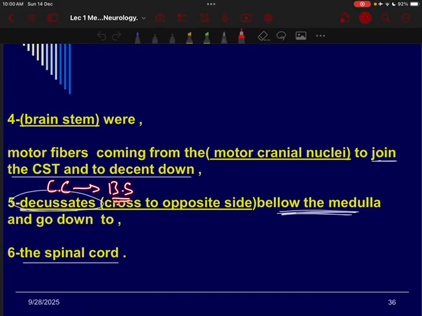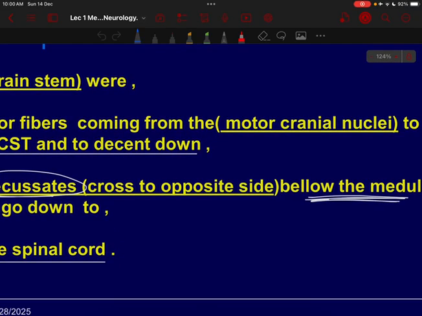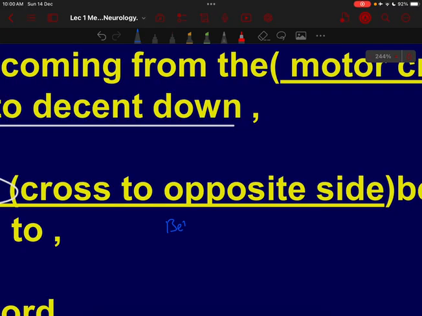And in the brainstem, we have nuclei of the cranial nerves, like the third, fourth, sixth. Fibers from these nuclei of the cranial nerves in the brainstem will also join the corticospinal tract. Then, below the medulla, it crosses to the opposite side and goes to the spinal cord. So, this is another diagram.